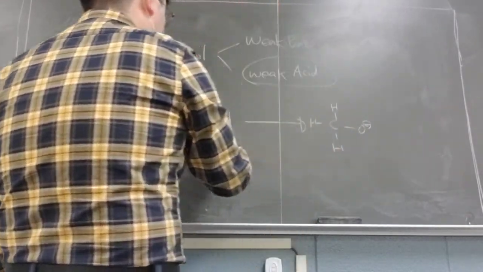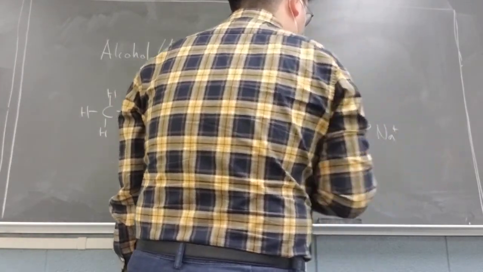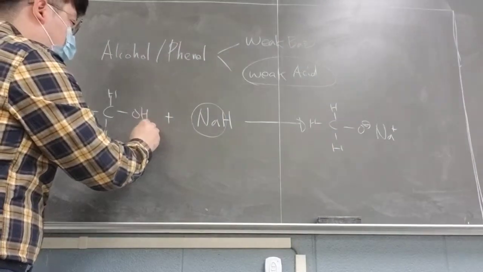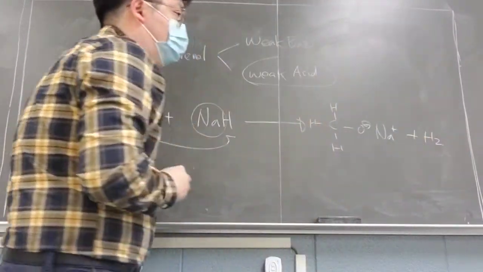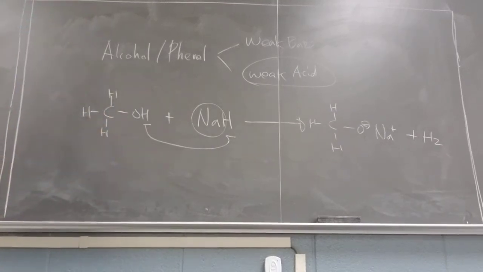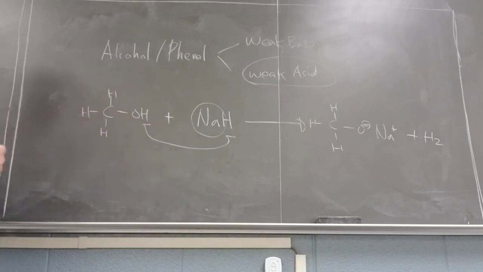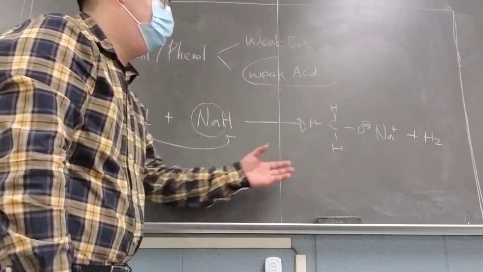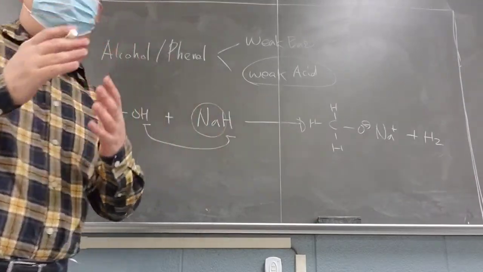Eventually it pairs with the sodium cation, and then these two hydrogens make a diatomic hydrogen molecule. So you have a strong base and a weak acid in your alcohol compound, and they can do this type of interaction. It's a weak acid and strong base interaction.